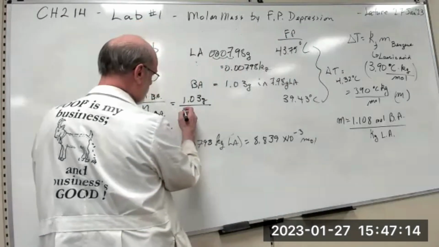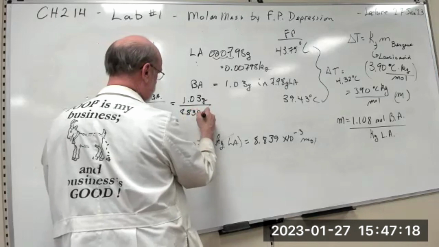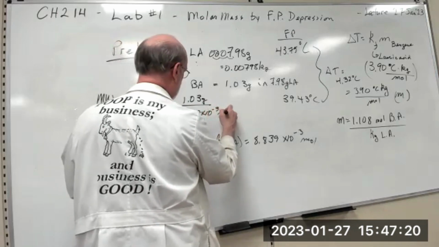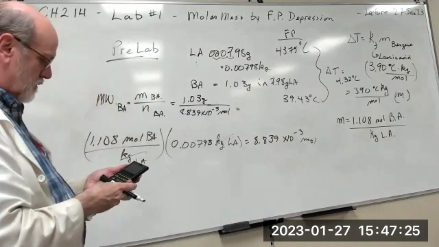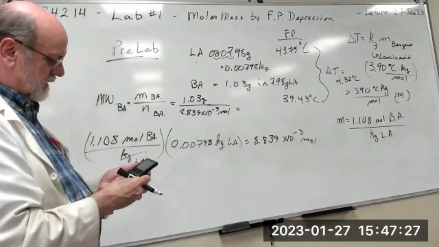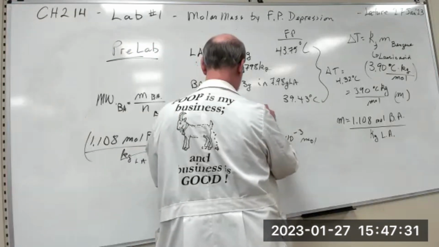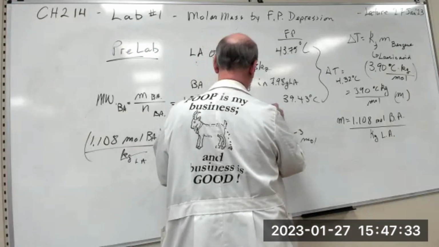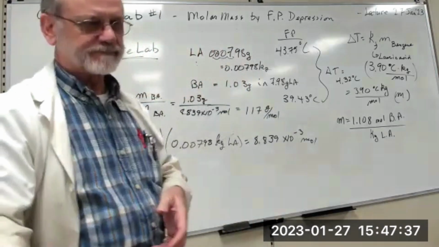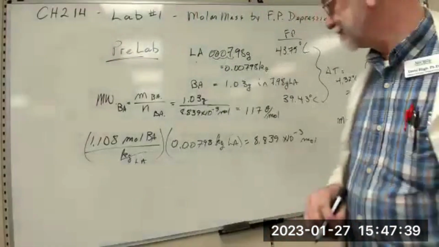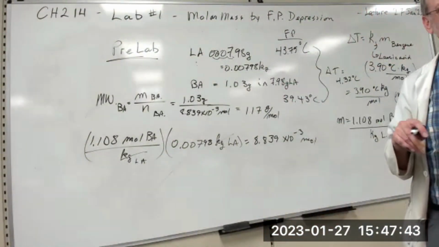So this goes in here, grams per mole: 1.03 divided by 8.839 times 10 to the minus 3 moles, and I get 117 grams per mole. Give or take. Rounding errors included.